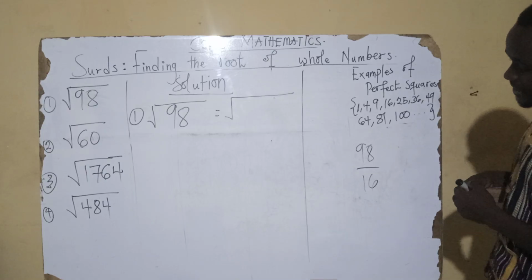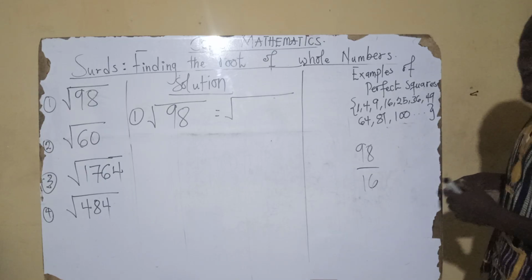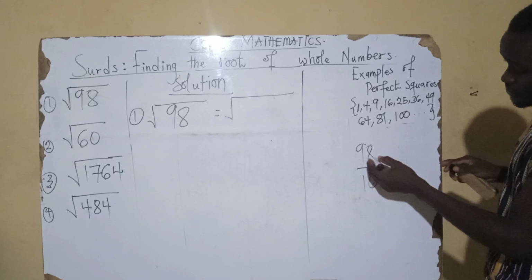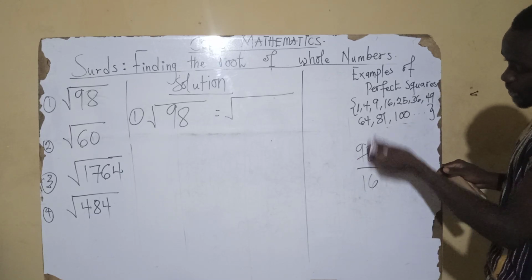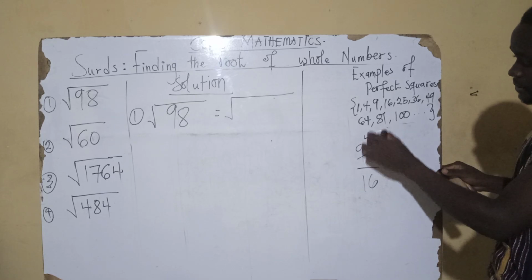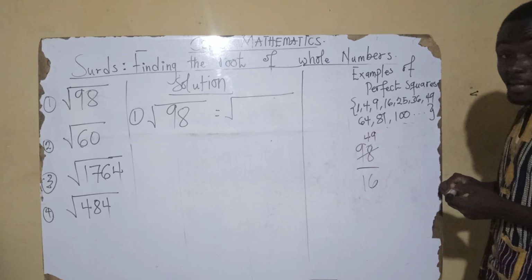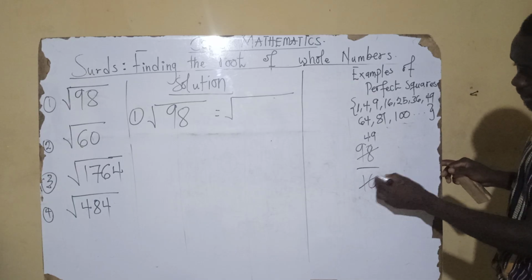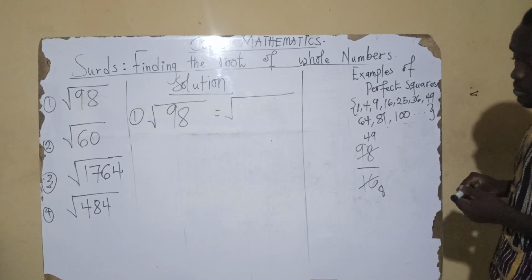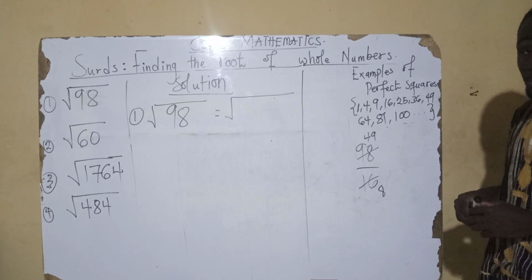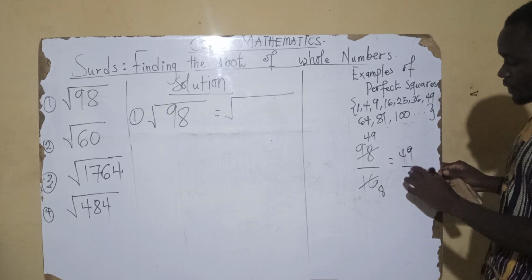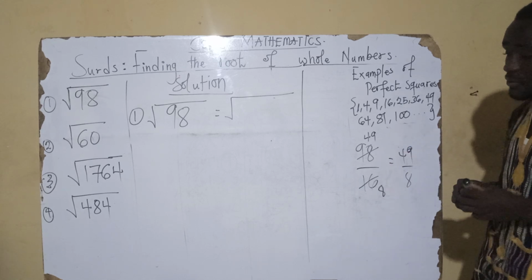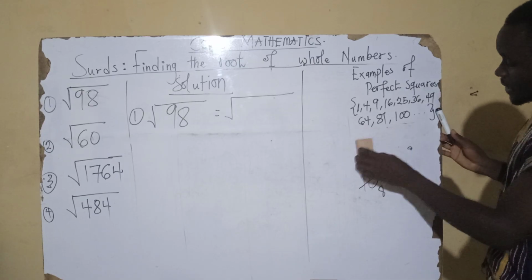When we pick the number 2 to reduce it, 2 cancels into 98 as 49, right? And 2 cancels into 16 as 8. Are you with me? We are going to get 49 over 8. We can't reduce it further, so 16 cannot work. So let's pick another number.